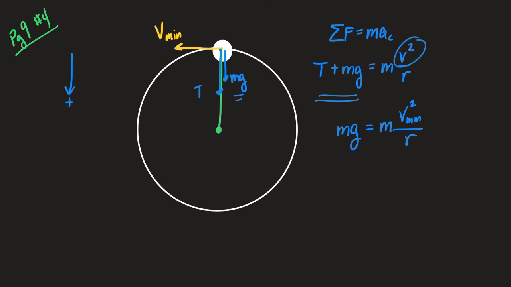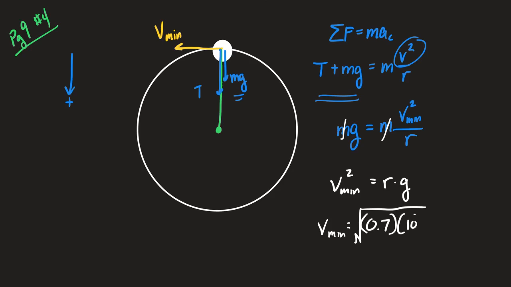So normals and tensions are reactive forces. They react to the conditions of the problem. So I'm going to cancel out the m's, solve for v min, and I get v min squared equals r times g. So v min equals the square root of r, which is 0.7, times g, which is 10.